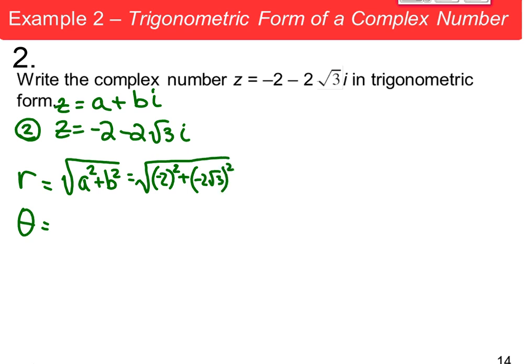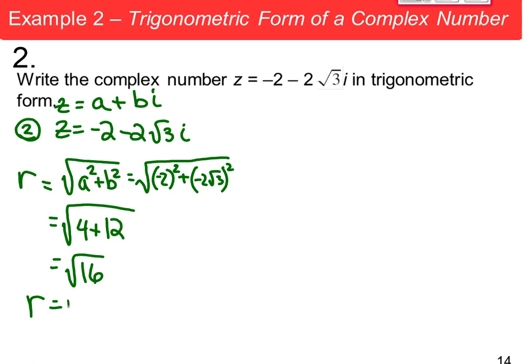And so I'm going to actually erase that theta because I need to use my space a little bit. And so that's the square root of 4 plus, and then -2 times -2 is 4. Square root of 3 times square root of 3 is 3. 4 times 3 is 12. So that is the square root of 16. So r is equal to 4 in this case.